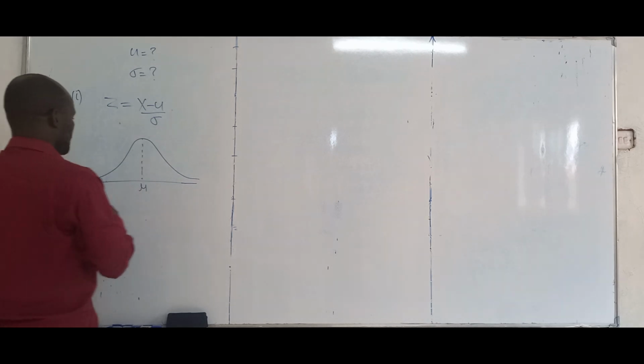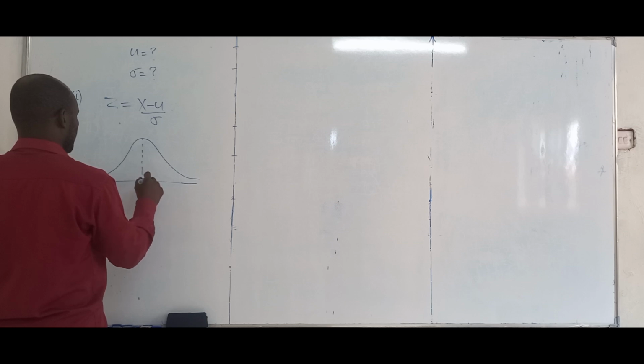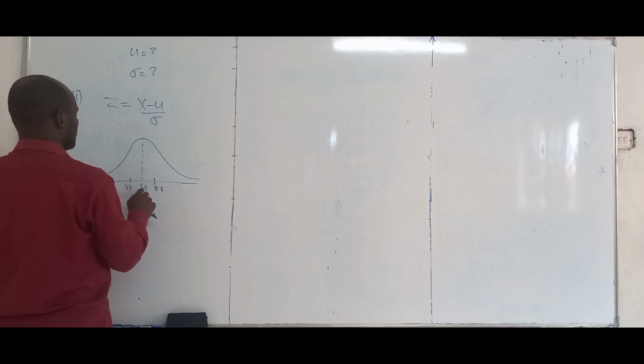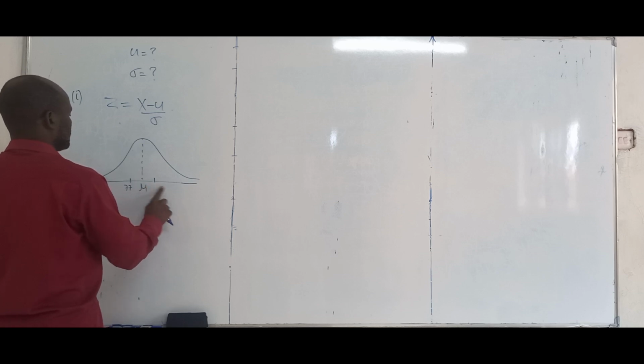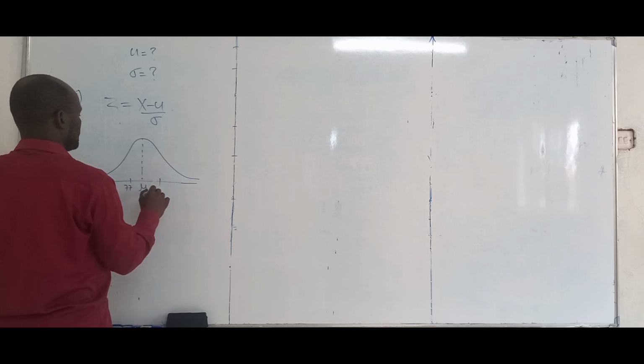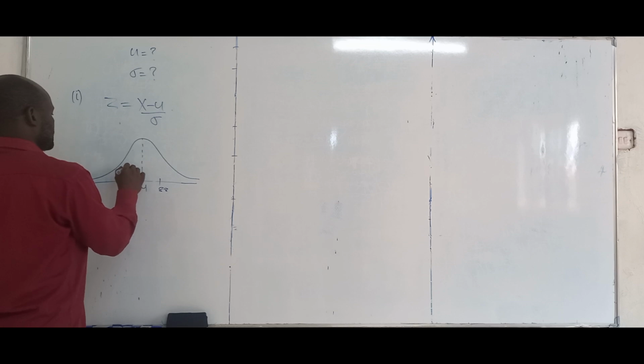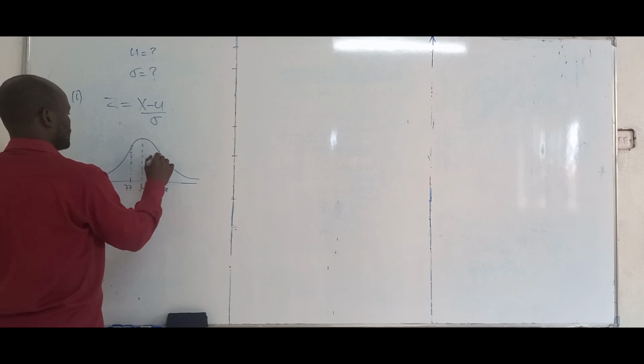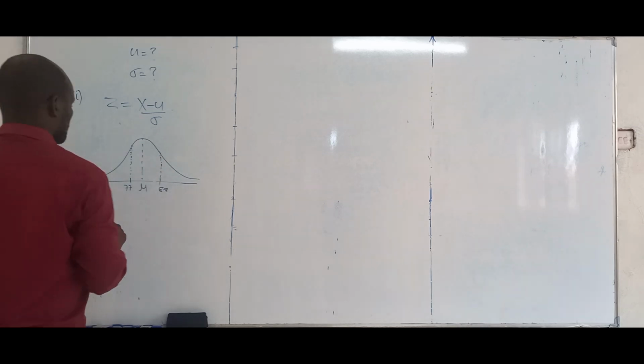Let's say 8.8 is here and 7.7 is here. So I've got two regions.